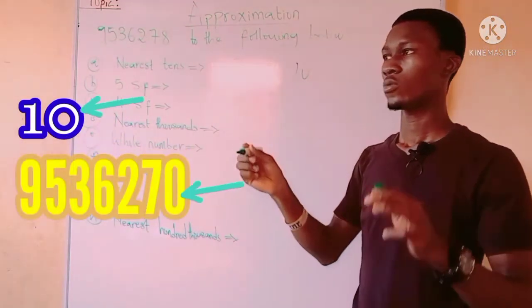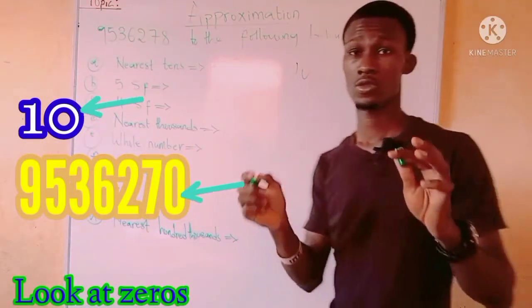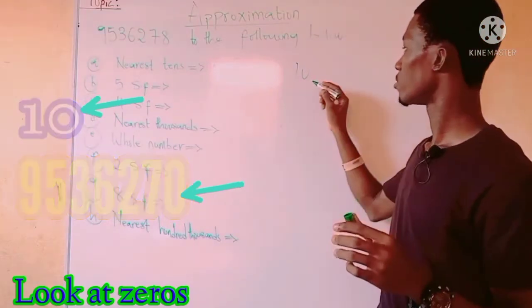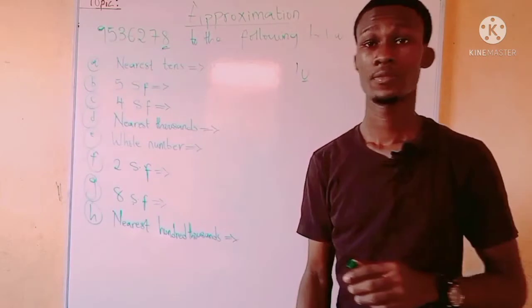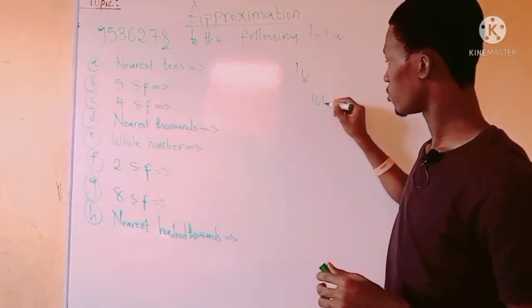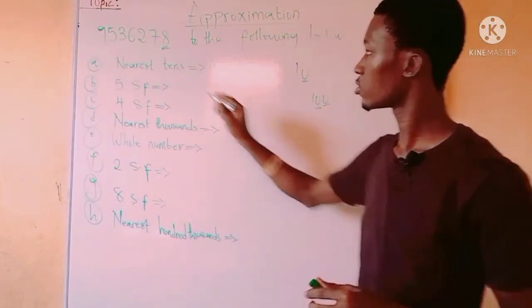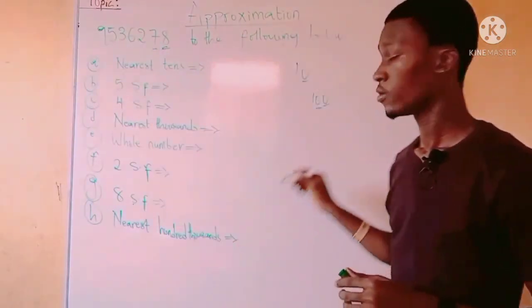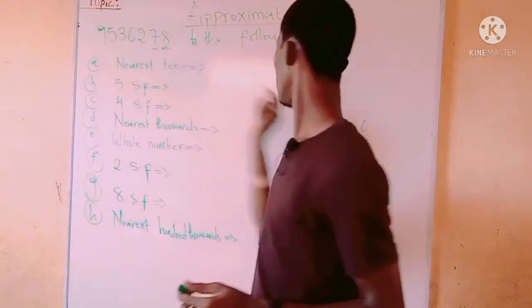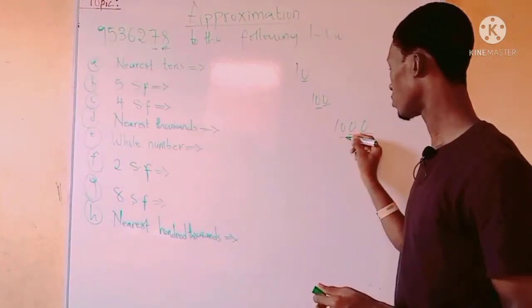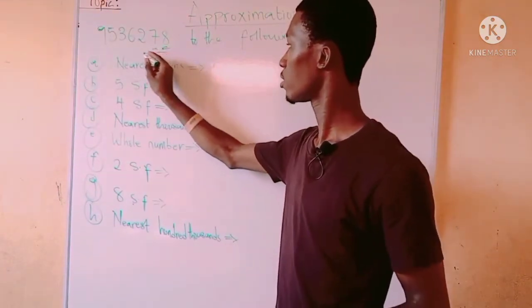So now, there is another thing you should think about, the 0. So here will be 1 zero. If we say to the nearest 100, 2 zeros. If we say to the nearest 1,000, 3 zeros, so here will be 3 zeros.